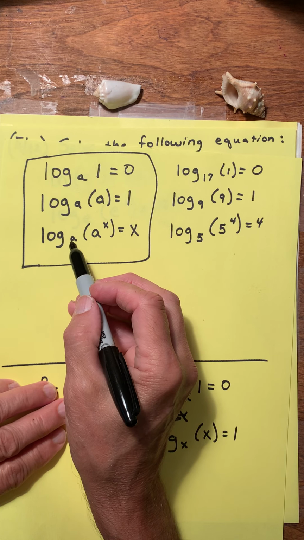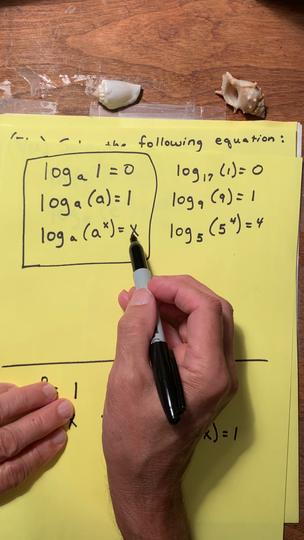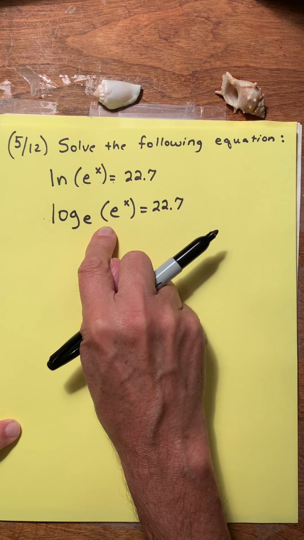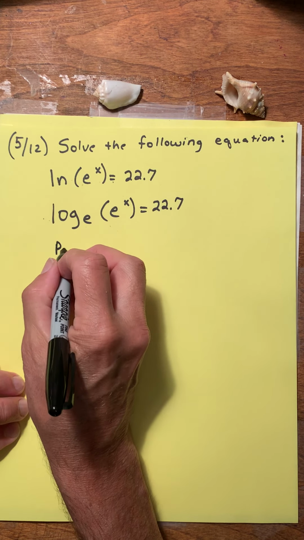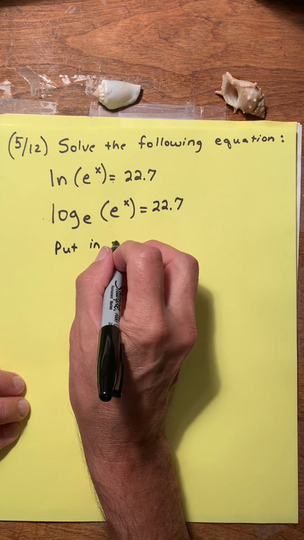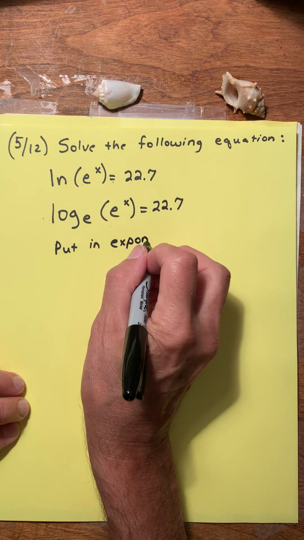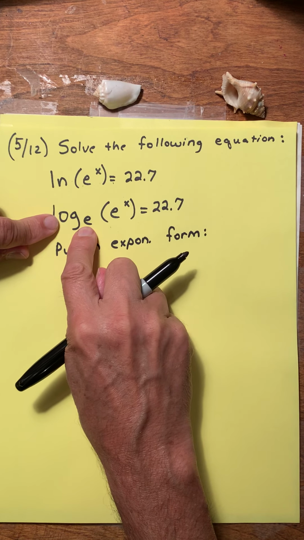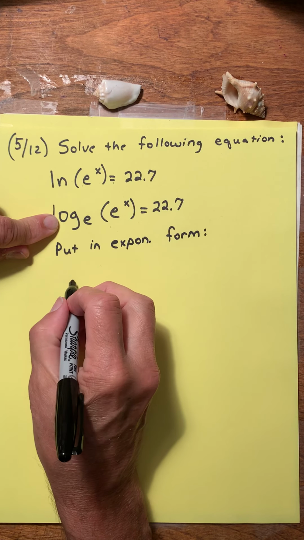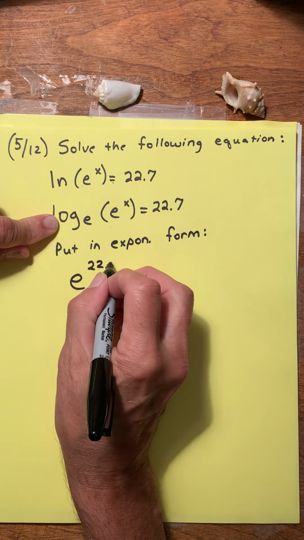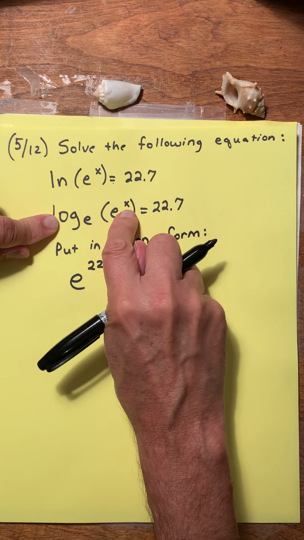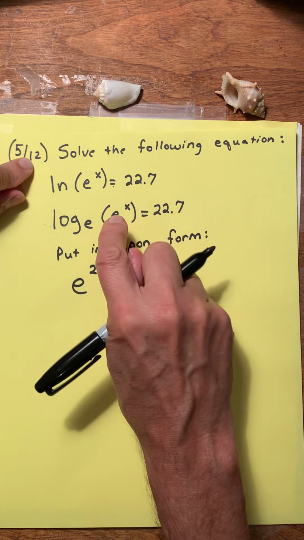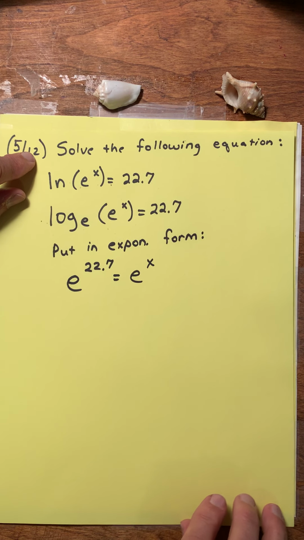Log base e of e to some power equals that power. Or another way you could think of it, let's put this in exponential form. What that means is e to the 22.7 equals e to the x. That to that equals that. That's how you put it in exponential form.